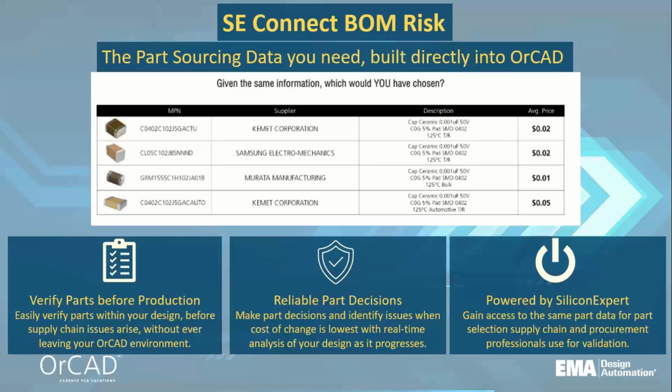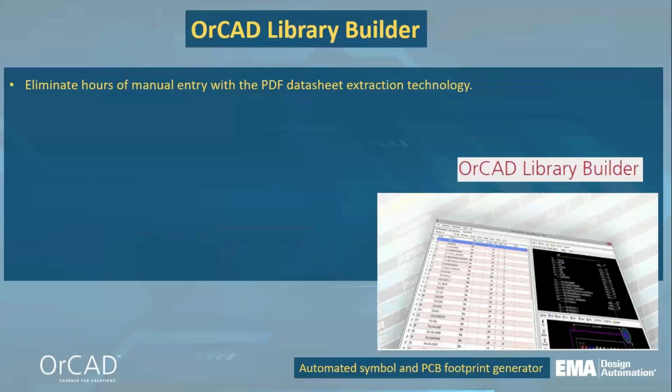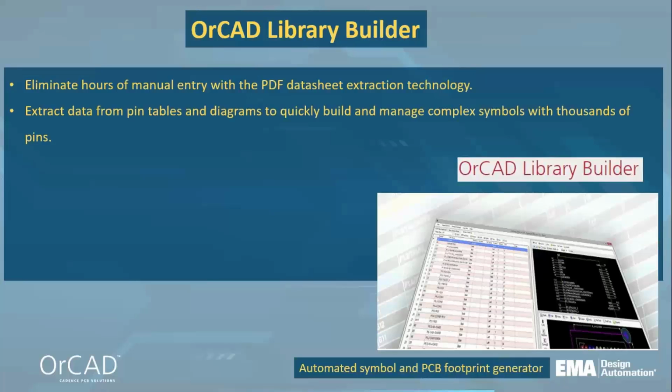We have an OrCAD Library Builder. So this is going to eliminate hours of manual entries with data sheet extraction. We can take a data sheet, extract the information from it and create library parts. We can extract the pin tables and the diagrams very quickly and manage complex symbols with thousands of pins.